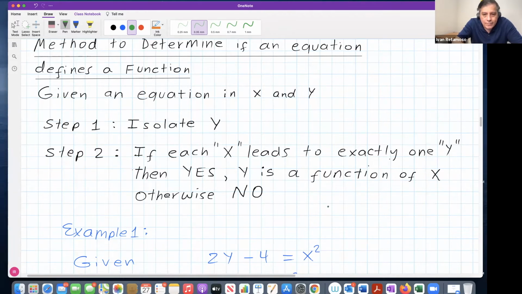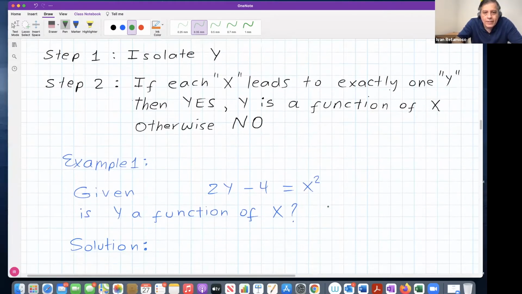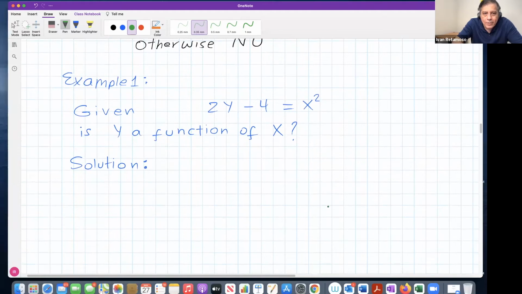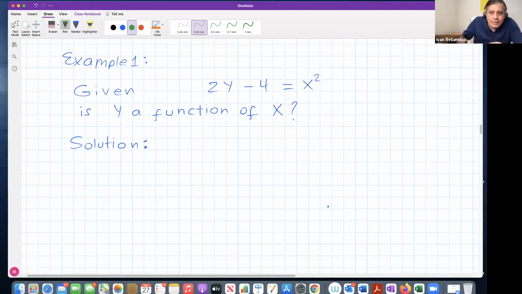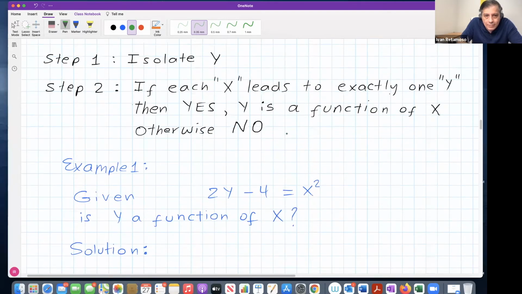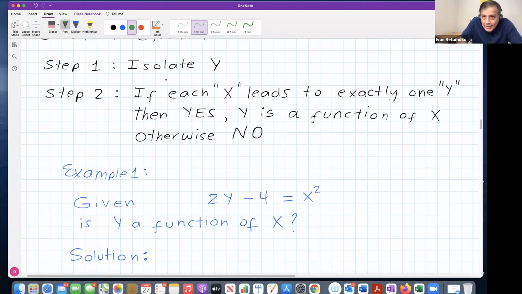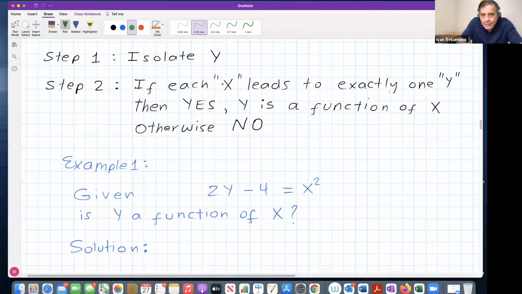Otherwise, no. I'm going to give you an example here. Given this equation, 2y minus 4 equals x squared, is y a function of x? Let's find out. Follow the two steps. The first step says isolate y.